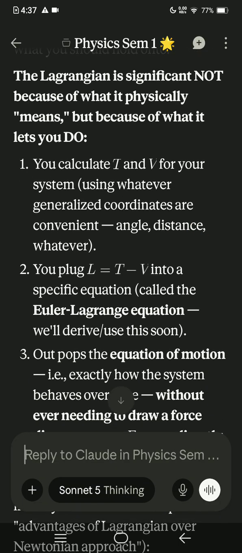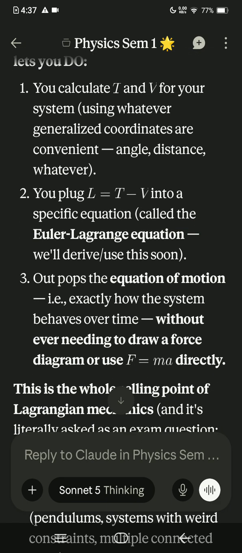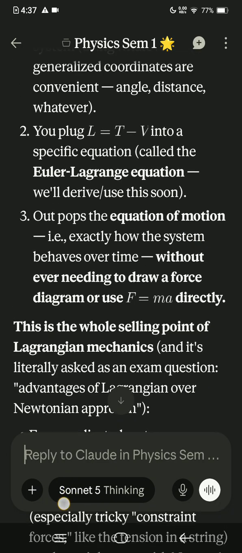You plug that Lagrangian into a specific equation called the Euler-Lagrange equation. We'll derive or use this soon. Out pops the equation of motion, that is, in essence, exactly how the system behaves over time, without ever needing to draw a force diagram or use F equals ma directly.